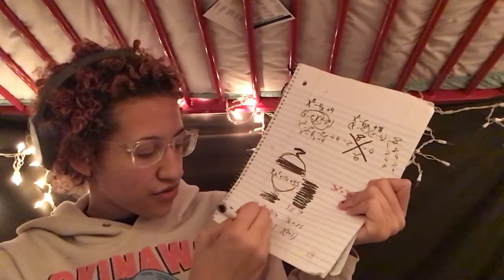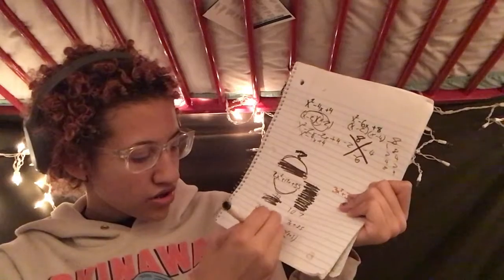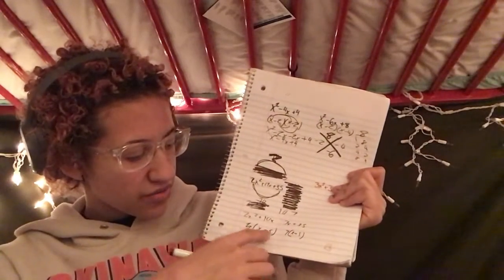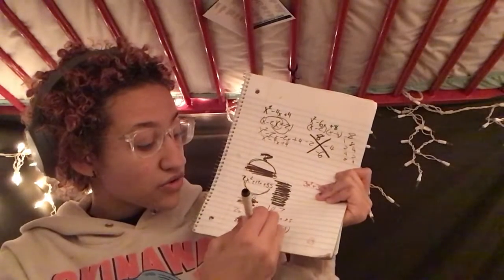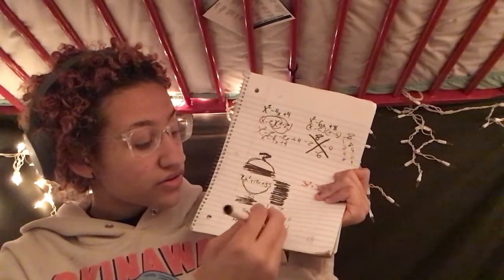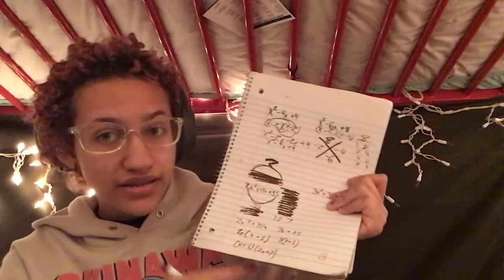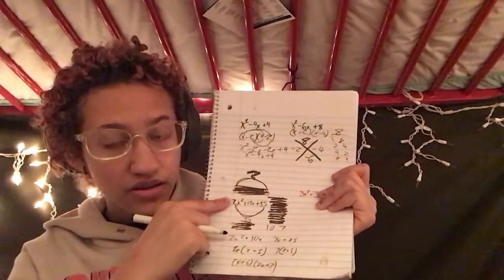So then you take this thing that's in the parentheses, move it down, and then the terms that are outside of the parentheses, put those in parentheses as well. So that's how you factor this out when the coefficient is not 1.